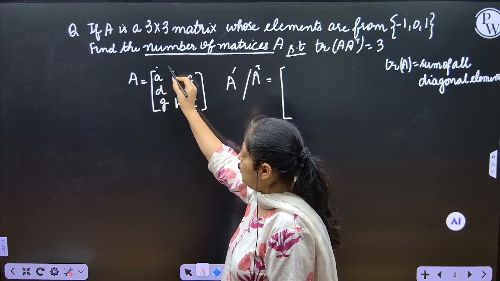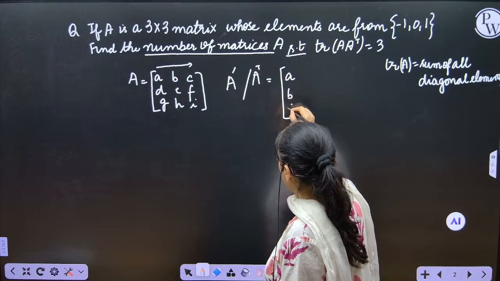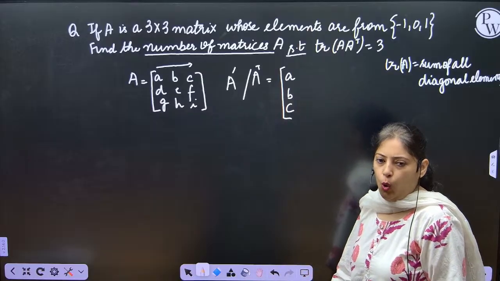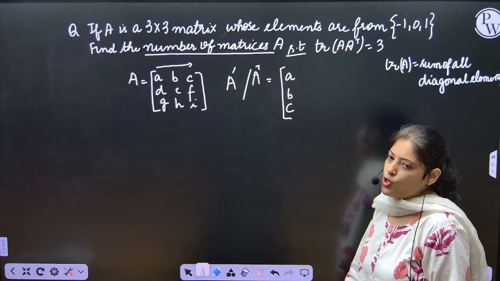Transpose means whatever the row is, that will become the column. First row will change to first column.